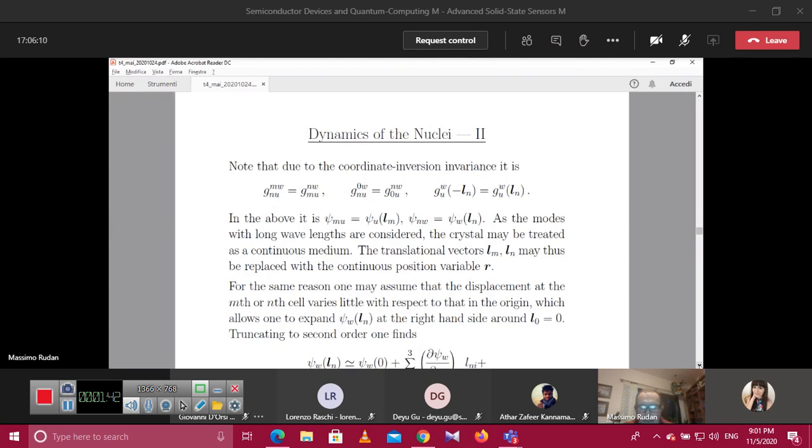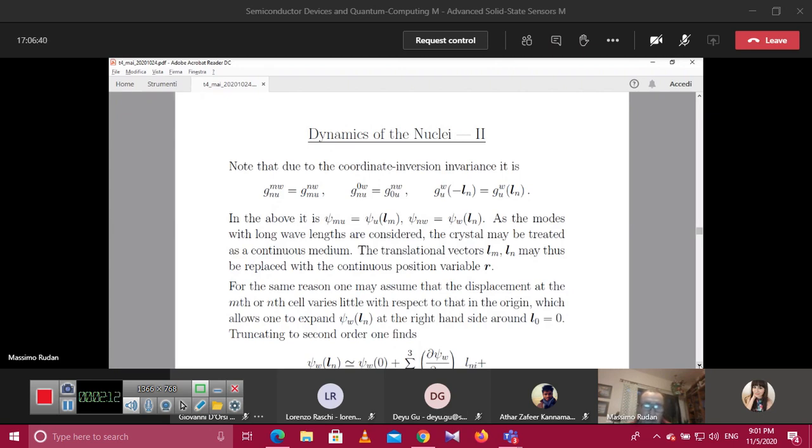Then another property comes from the possibility of selecting arbitrarily the origin. So if we shift the origin to any cell, nothing changes, okay? Because as I said 1 minute ago, the elements of the elastic matrix depend only on the relative distances, not on the position of the origin, okay?